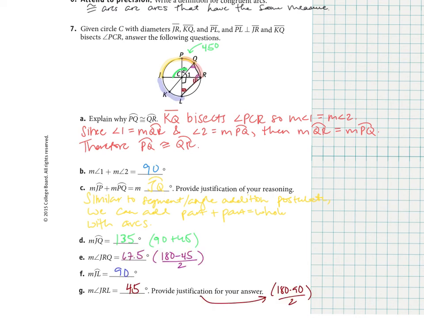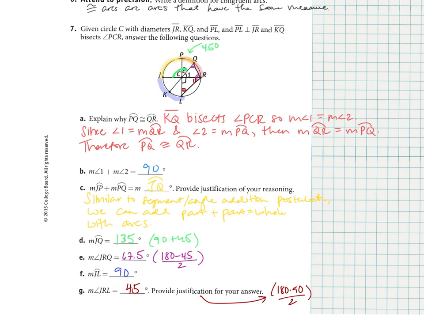Looking at part E, again, we have to add in this triangle. We realize it's an isosceles triangle since we have radii as the sides. So we want to take 180 degrees, subtract the 45 degrees of angle 1, and divide it in half to find the measure of angle JRQ. That's going to be 67.5 degrees. Looking at the measure of arc JL, again, remember this is a central angle, so it will be the same measure as the arc.